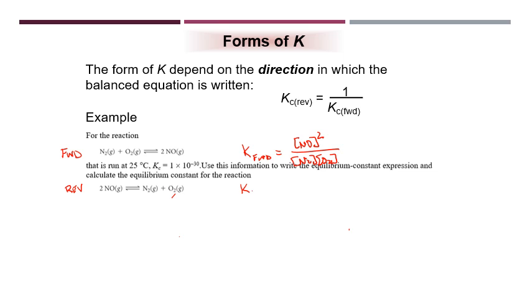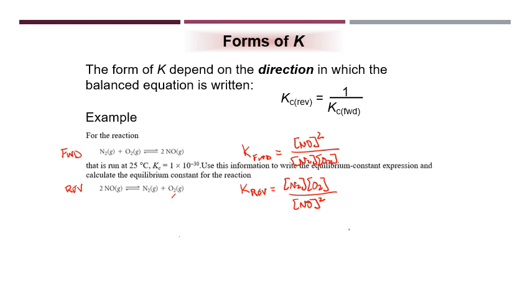If I do that for the reverse reaction, I would have the concentration of N2 times the concentration of O2 divided by the concentration of NO squared. So you'll notice that all I've done is taking the inverse of that forward reaction, flip their directions there, and that gives me my K value for the products.